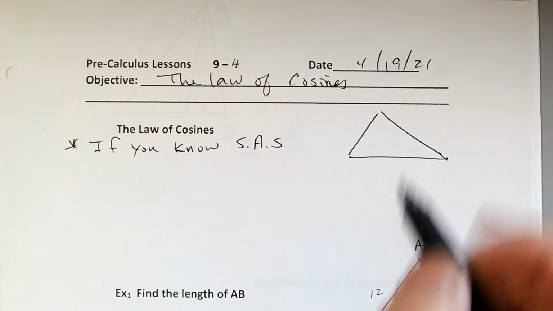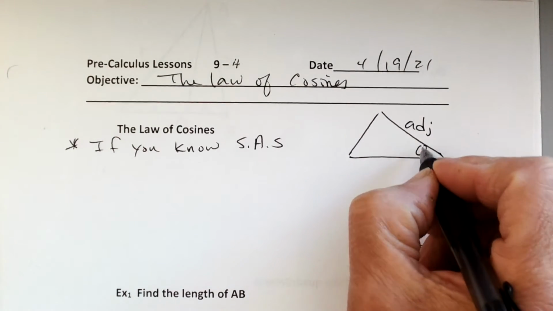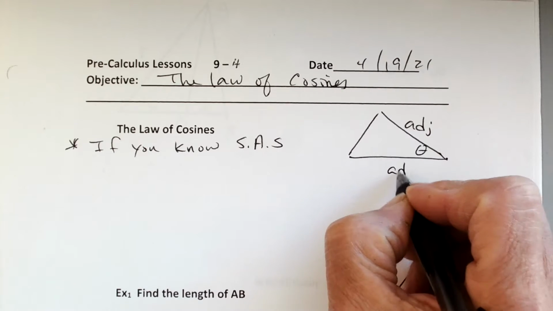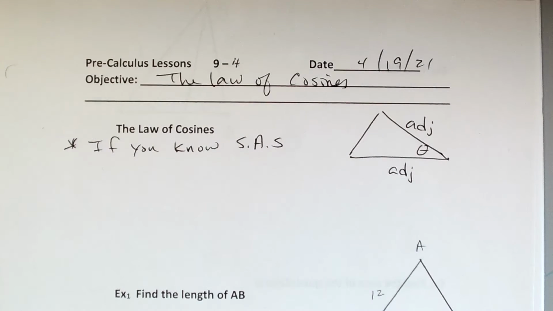If I know a side and an angle and another side, I do not have opposites, do I? So you cannot use the law of sines because there's no opposites. You have to have a new thing called the law of cosines.